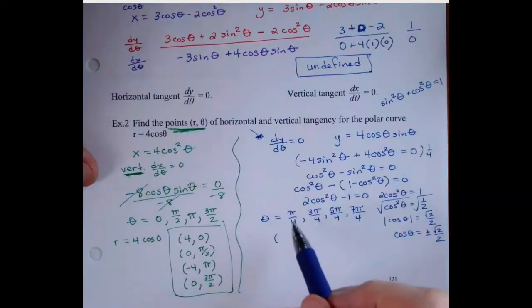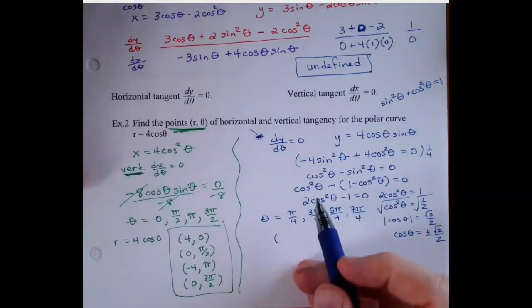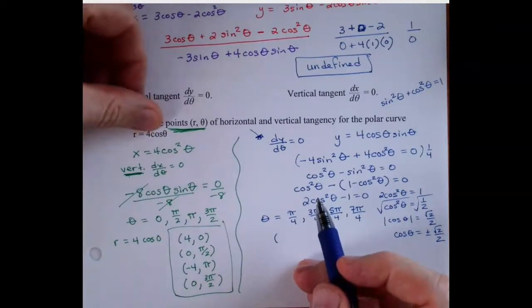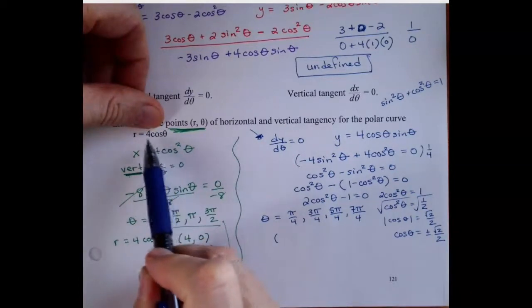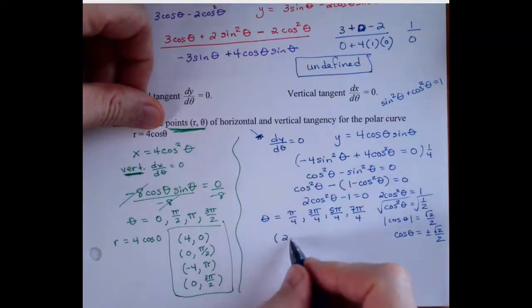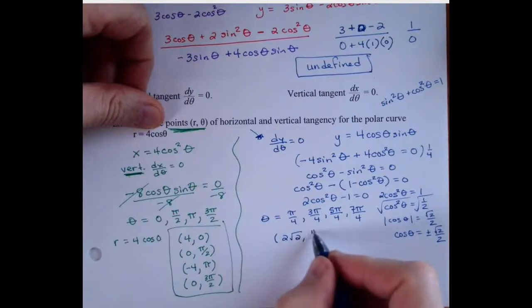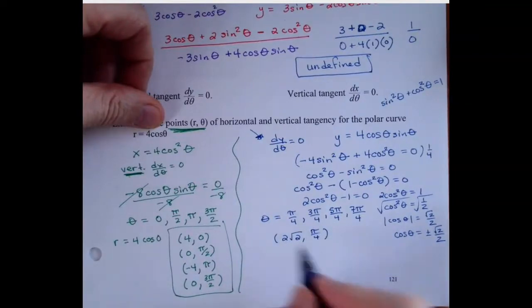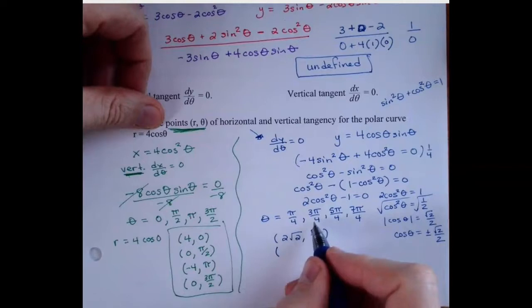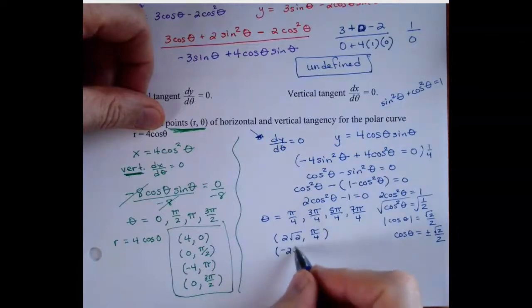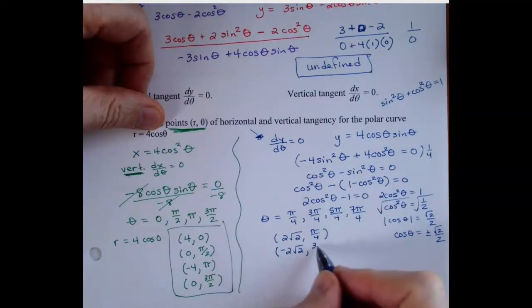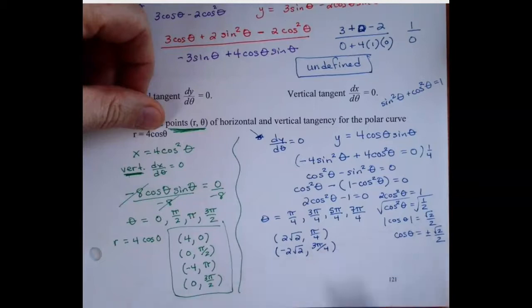we need to calculate r. So r is right here, and if we plug in pi over 4, we're going to get root 2 over 2, which gives 2 root 2. So that's going to be 2 root 2 at pi over 4. And when we move over to 3 pi over 4, cosine of 3 pi over 4 is negative root 2 over 2, so this would be negative 2 root 2 for 3 pi over 4.